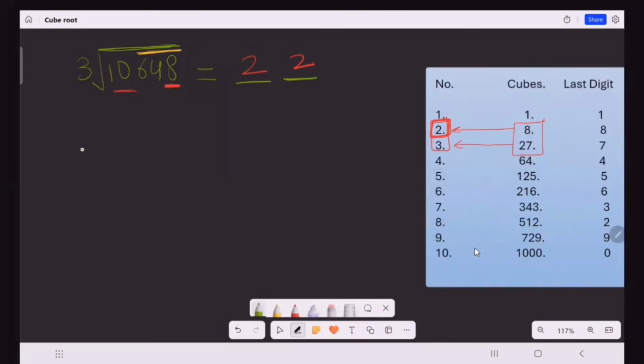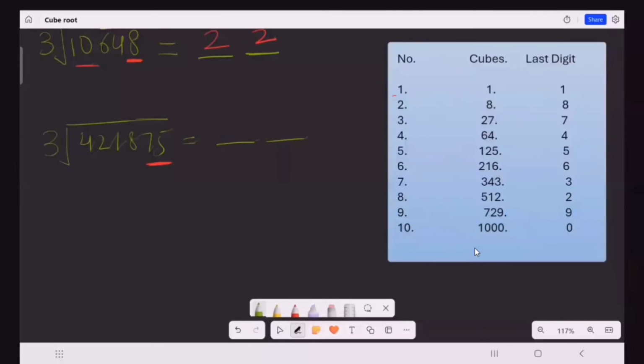Now I'm going to take one more example of a 6-digit number, that is 421875. Remember, the cube root of a 4, 5, or 6 digit number is always 2 digits long. Our first step is to look at the unit digit of 421875, that is 5.